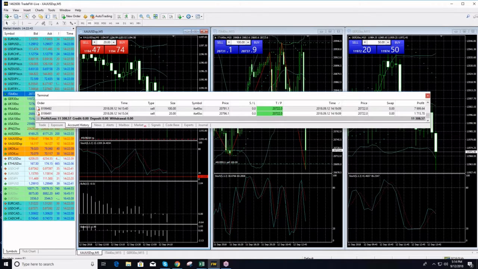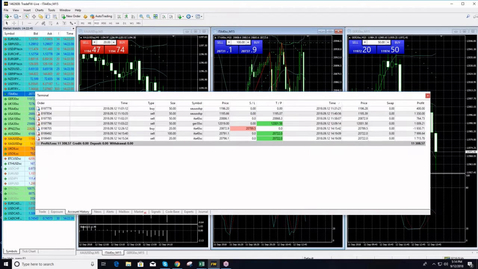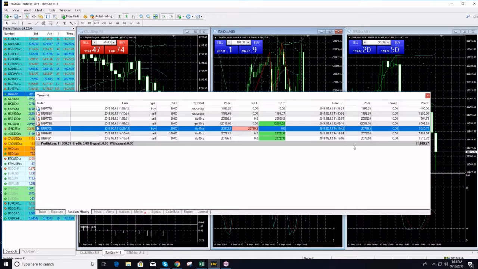There we go. Let's make it a bit bigger. So, and there we go. We hit here a loss of $1,900. It hit our stop loss. And since Italy 40 dropped below 20,800, I shorted it again.